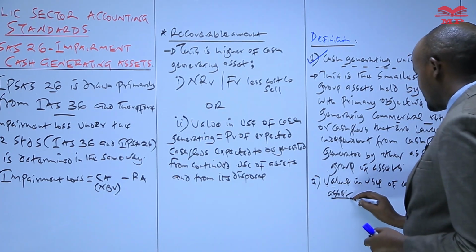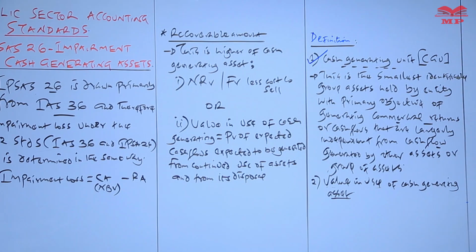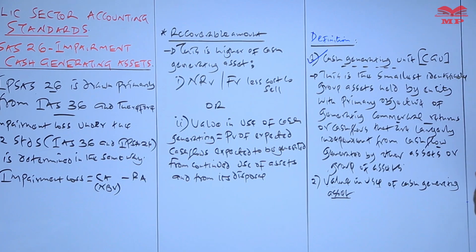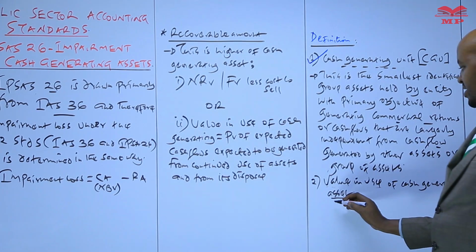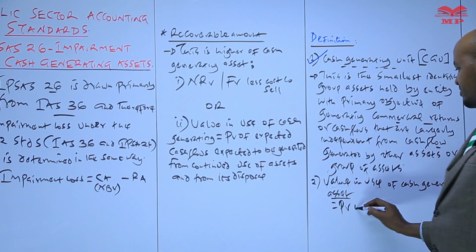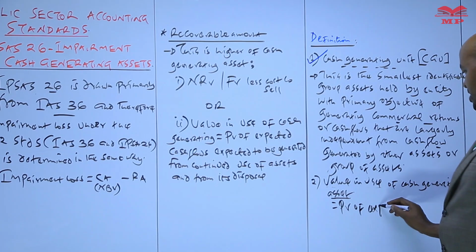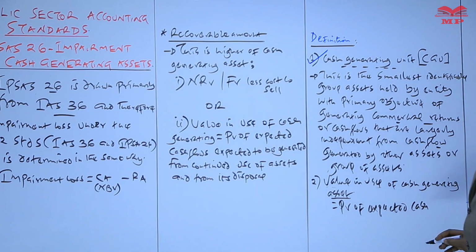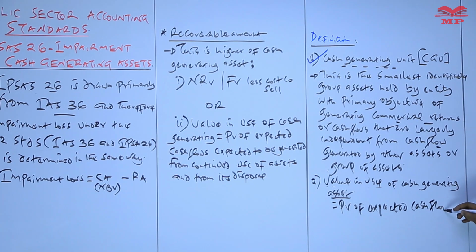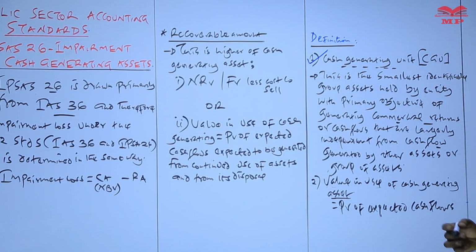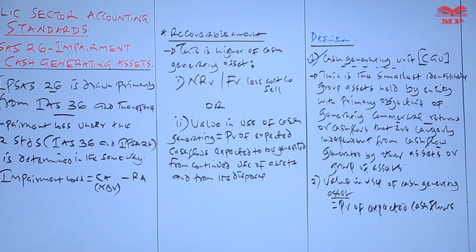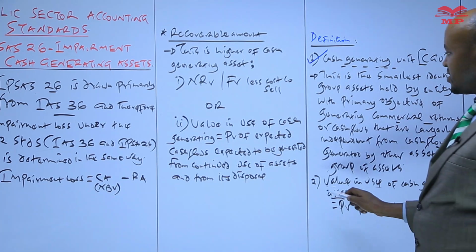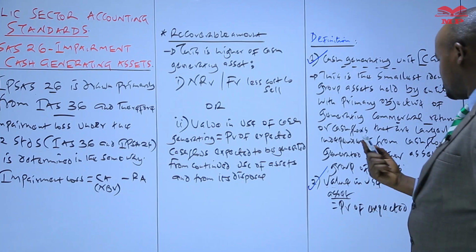And we have said that this value in use of a cash generating unit is quite different from the value in use of a non-cash generating unit, because we have said that this is basically equal to the present value of the expected cash flows, which will be generated from the continued use of the asset and also from its disposal. So these are basically some of the terms which you may be required to define in an exam.